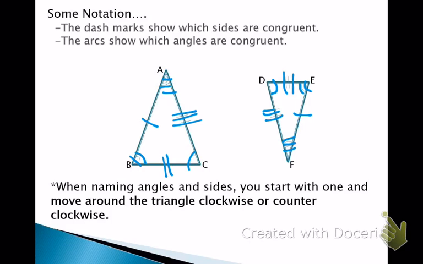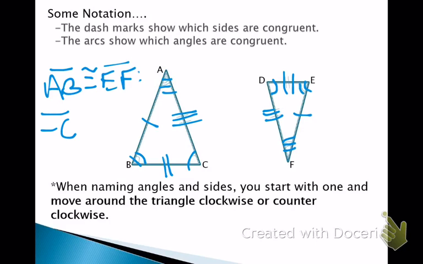So what we could do is write what we call congruence statements, which we'll see in just a second. We know that from these two diagrams, side AB is congruent to its corresponding side EF. And that side AC is congruent to side DF.